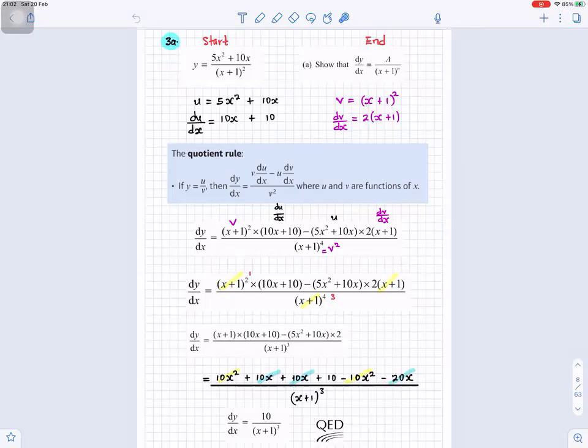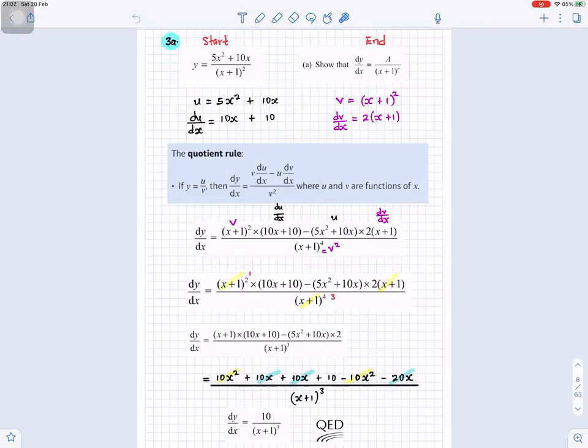Now you will write it out. (x plus 1) bracket 10x plus 1. So 1 times (x plus 1), (10x plus 1) minus (5x squared plus 10x) times 2. This x plus 1 has gone. And this will now be (x plus 1) cubed, because one of them has gone, so you're left with 3.